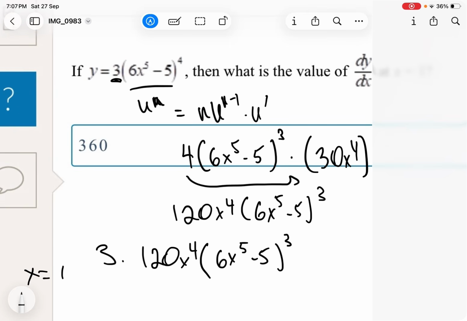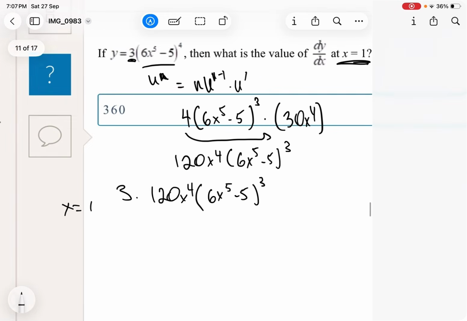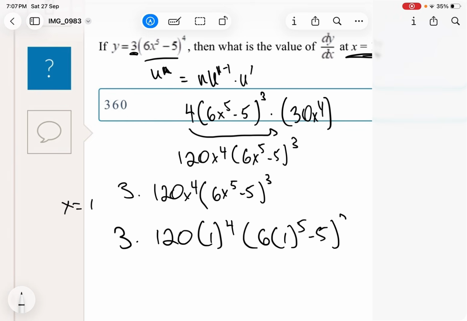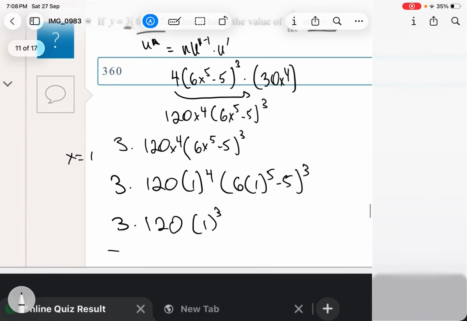Replace x as 1, as they said in the start of the question. So it will be 3 times 120 times 1 to the power of 4 times (6 times 1 to the power of 5 minus 5) to the power of 3. And you'll get 3 times 120 times 1 to the power of 3, which is equal to 360.